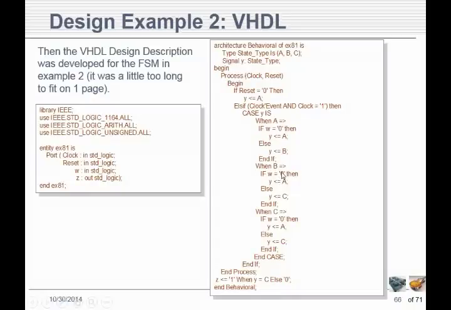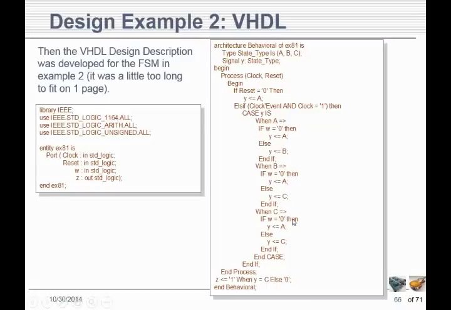Okay, when the state is B, if W is a 0, then the state should be A. Else, if, what this should say, it should be an else if.